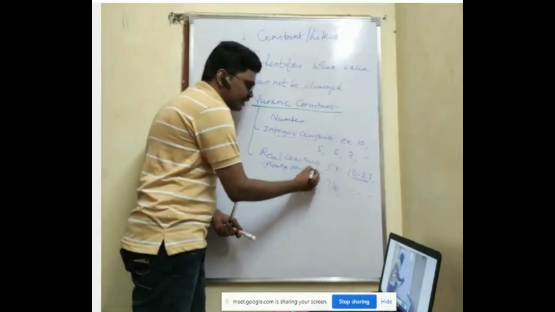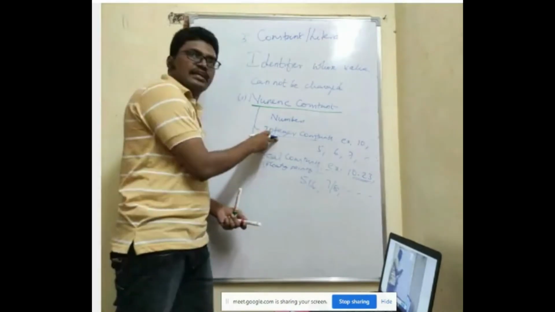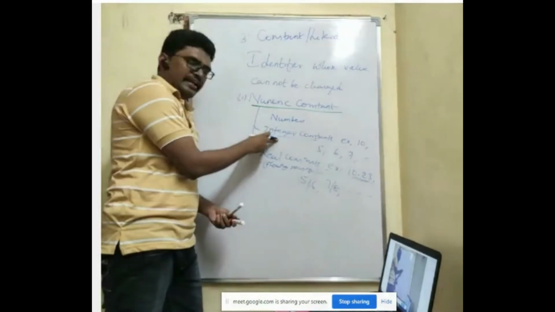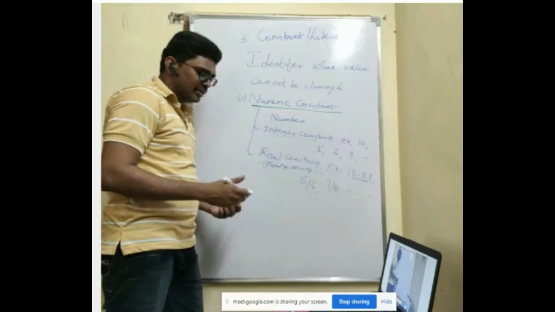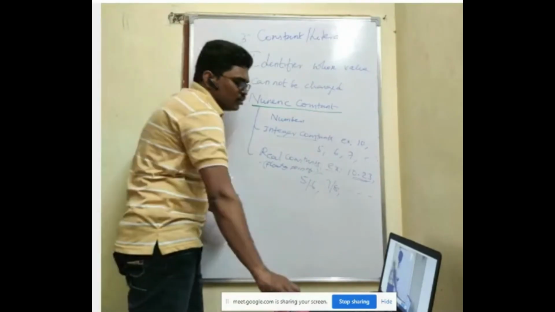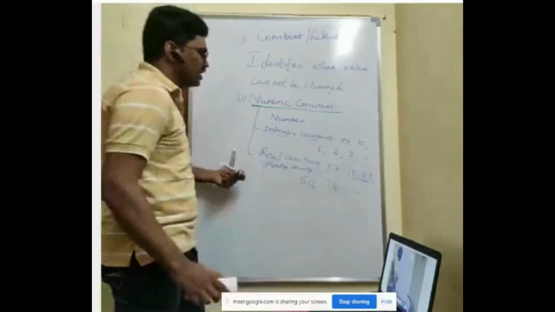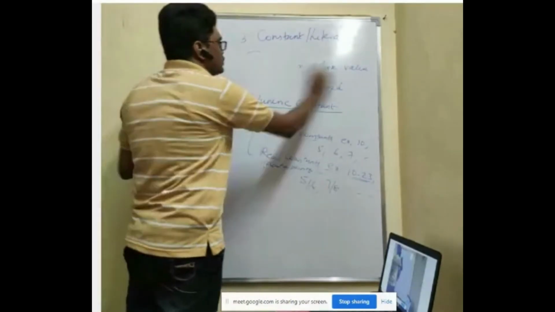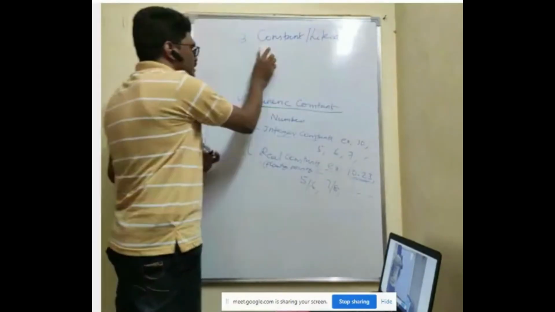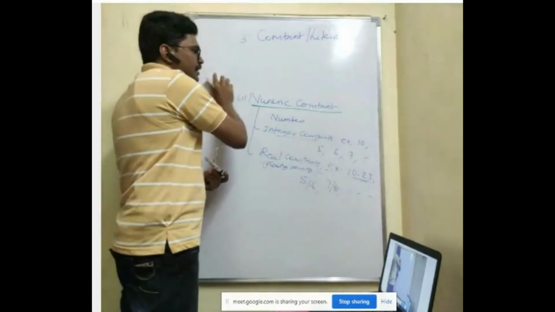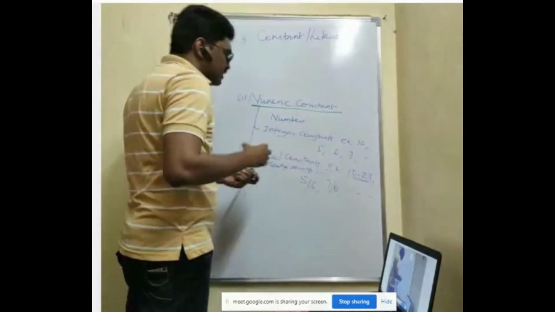If there is a decimal point it is a real constant, if there is no decimal point it is an integer constant. So numeric constants are classified into two types: integer constant and real constant.